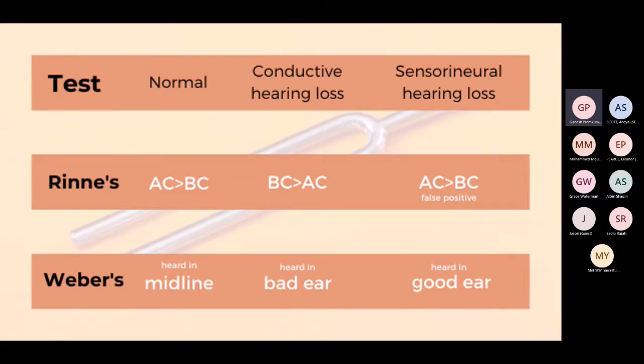That's normal. But because Weber's is lateralizing to another side, you need to think that actually there's a sensorineural hearing problem in the side it's not lateralizing to. Because that ear can't hear and pick up and translate the vibration from the Weber's test as well as the other ear.